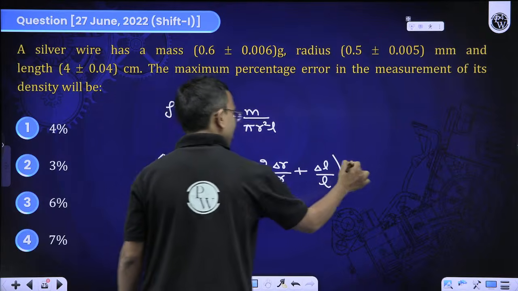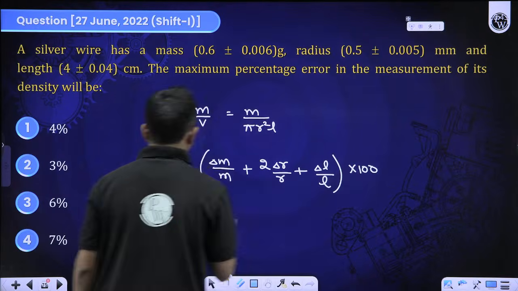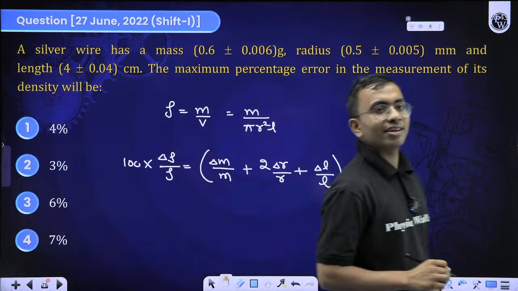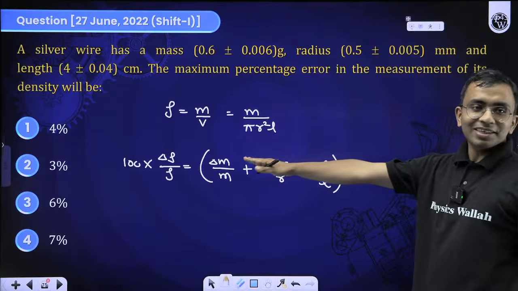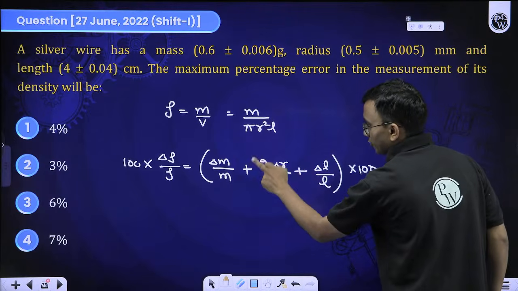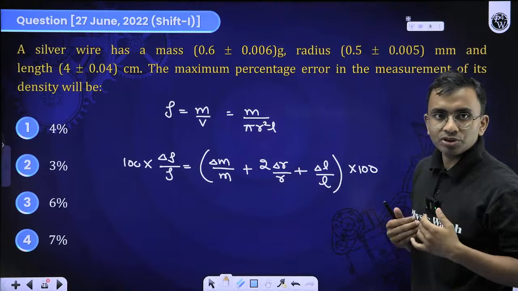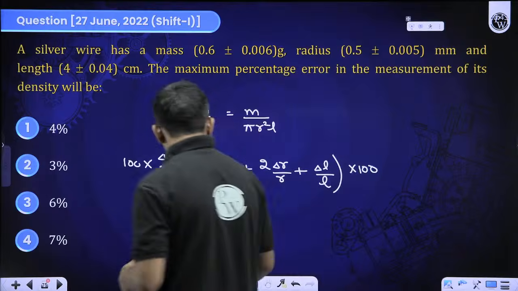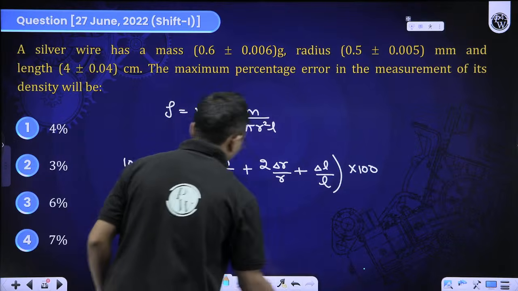Now multiply both sides with 100 to find the percentage error. This equation will give me the percentage error. Again I am not writing the minus sign here, please pay attention, because I have to mention always the maximum possible error. That is the reason. Okay, now put the values.